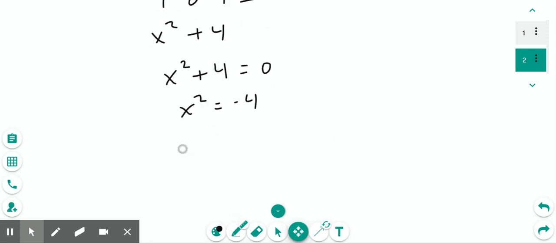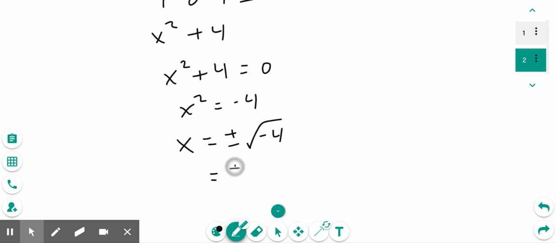So we take the square root of both sides, and we get x equals plus or minus the square root of -4, which is plus or minus 2i. So my solutions are 3, -3, and plus or minus 2i.